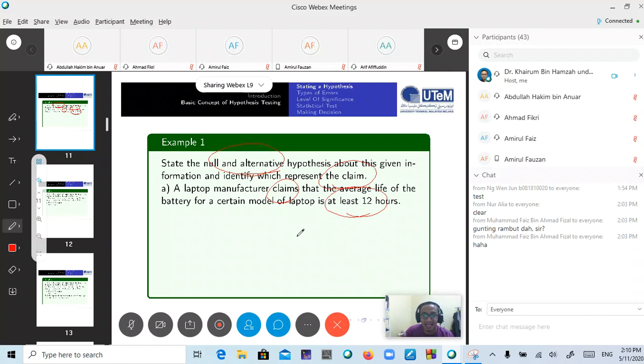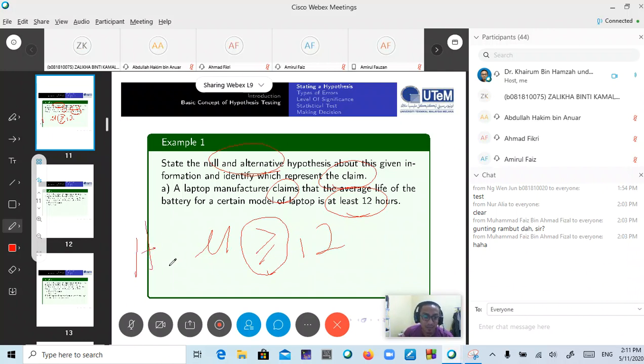Claim dia adalah at least 12 hours. We know that at least is mu greater than or equal to 12. Since mu greater than or equal to 12 has an equal sign, bila dia have equal sign, automatically this one becomes H0.